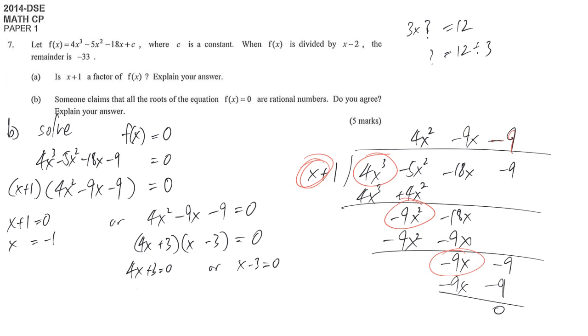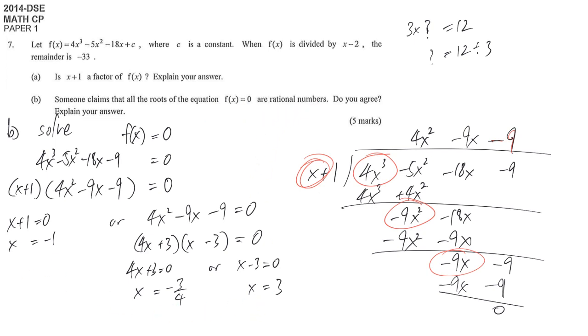Another zero product rule. x is negative 3 over 4, or x is equal to 3. If you use a calculator, you will jump directly to this conclusion.